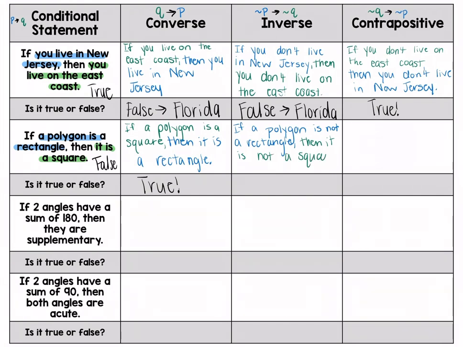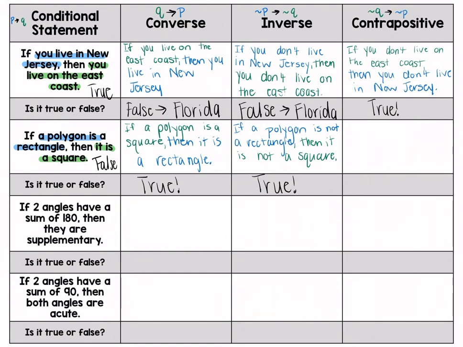And if a shape is not a rectangle, then it cannot be a square, so that would be true. All squares are rectangles, but not every rectangle is a square. So if the polygon is not a rectangle, we already know it can't be a square, because all squares are rectangles.